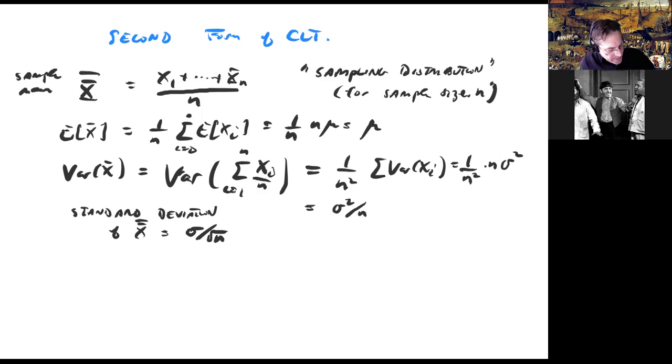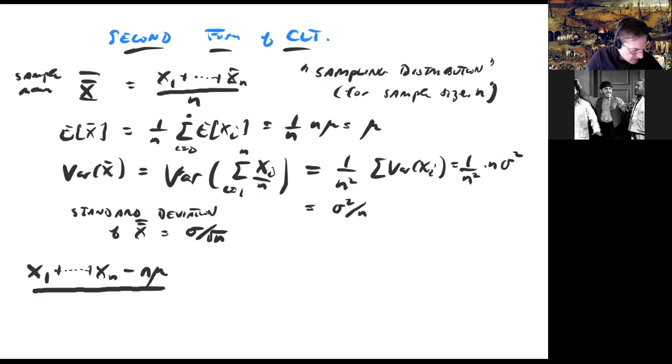Okay, so now I'm still trying to formulate the second form of the central limit theorem. So what I'm going to do is this. Let's go back to the expression that appears in the central limit theorem. So you have the sum of everything minus n times mu, divided by sigma times the square root of n. And now let's multiply both top and bottom by 1 over n. What do we get? Well, if we distribute the 1 over n into the numerator, we get 1 over n times the sum, which is x bar, minus n mu over n, which is mu.